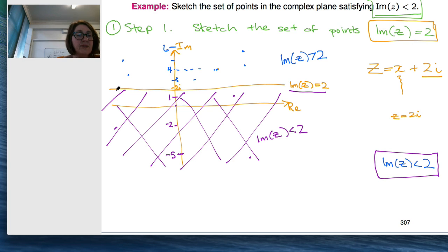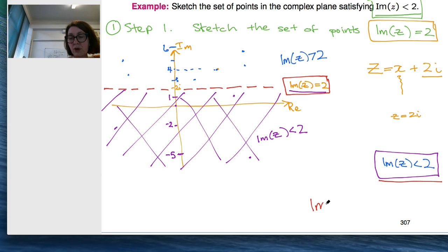So the way we indicate that on our sketch is instead of having a solid line, I might just rub it out now, we indicate it by a dotty line like that, a line that's got breaks in it. And what we mean by that is that's the boundary, but we're not including anything on the boundary. So we're thinking of the boundary here as being the imaginary part of z equals 2. So we don't want equals 2, so we'll put the dotted line in, but we want everything below that. So that gives me the imaginary part of z is less than 2.